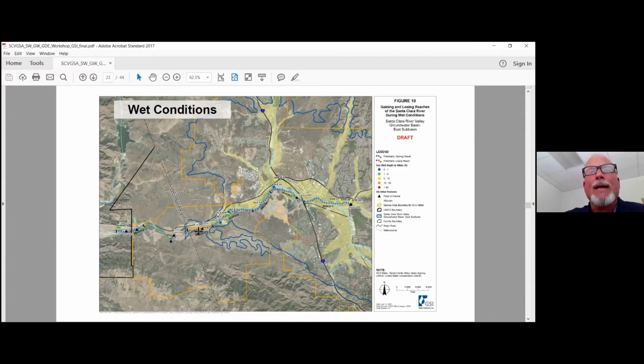This area we think may actually be losing simply because the area above it is receiving flow from the Saugus Formation underneath. But this area is sitting on top of that low permeability Pico Formation, and so it's not receiving any of that upwelling of groundwater. It's just flowing across that bedrock surface down past the county line. And then based on what we see down in this end of the basin, we think this is also a gaining reach in this part.